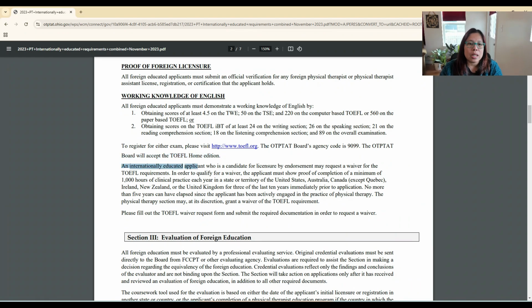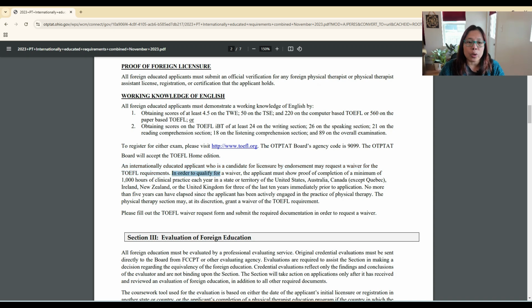An internationally educated applicant who is a candidate for licensure by endorsement may request a waiver for TOEFL requirements. So if you are transferring your license, for example, from the state of New York to the state of Ohio, okay, you can request a waiver.